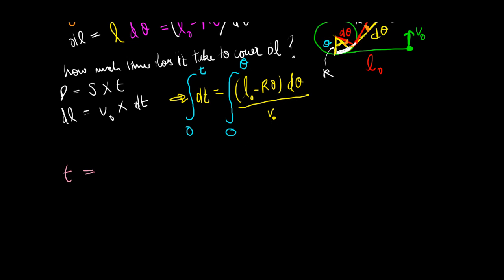On the right hand side, if I pull this v0 out and multiply both sides, then v0 t is equal to, if I integrate L0 minus r theta times d theta, L0 theta minus r theta squared over 2. And this is a definite integral, so we don't need to worry about the constant of integration.